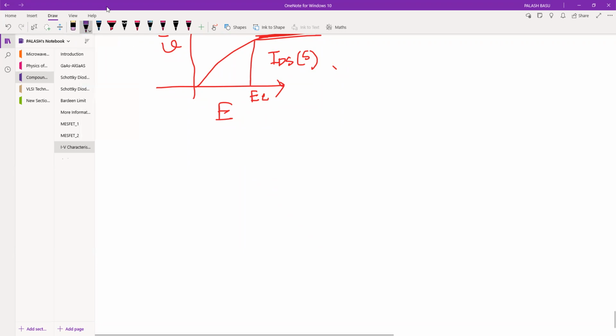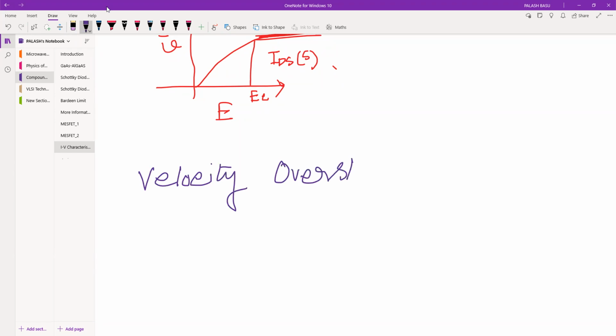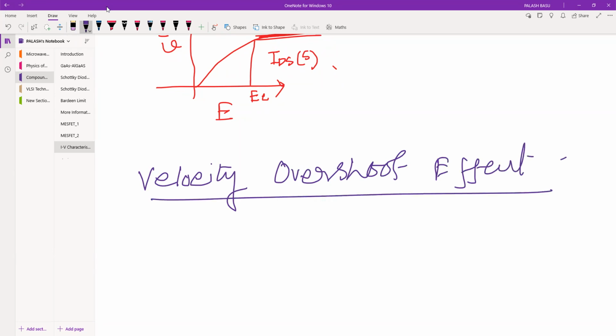The theory is called the velocity overshoot. This velocity overshoot effect, which we are going to discuss, actually changed all the idea of having gallium.